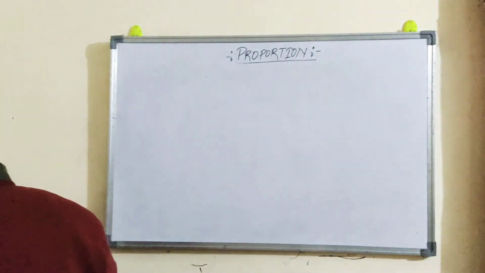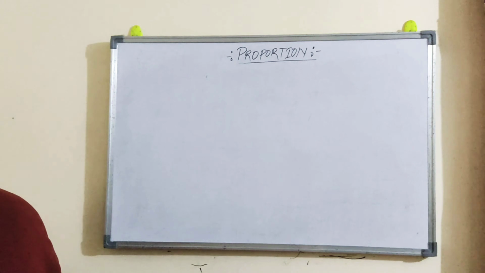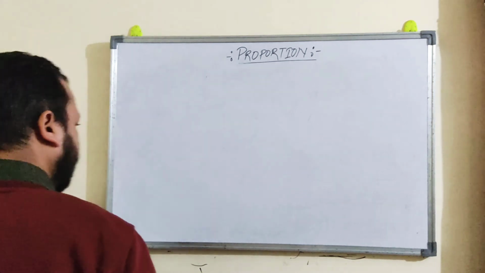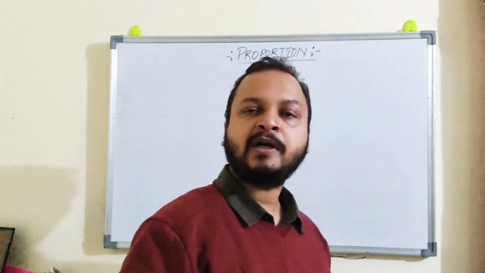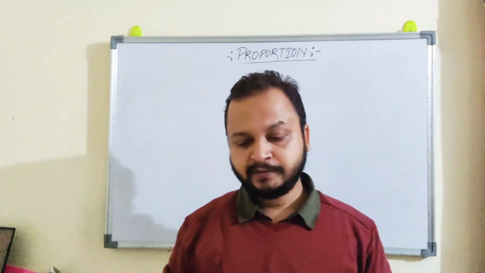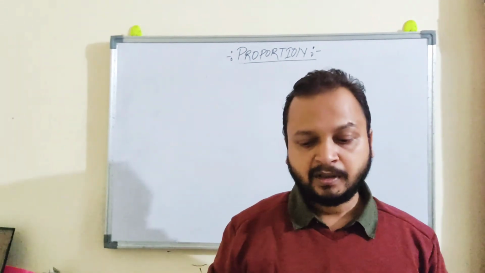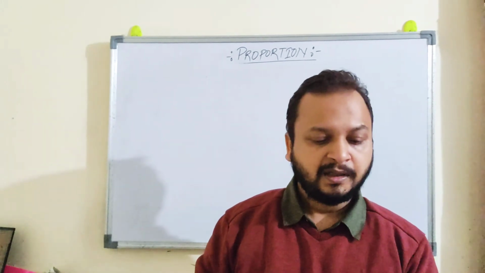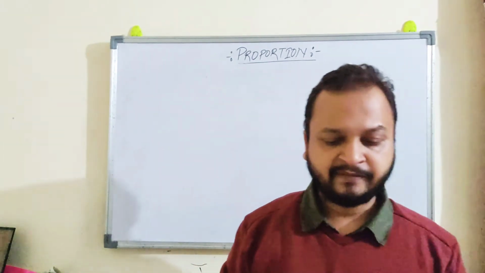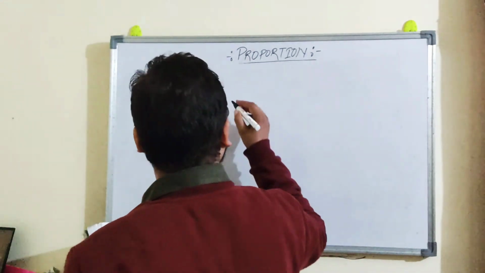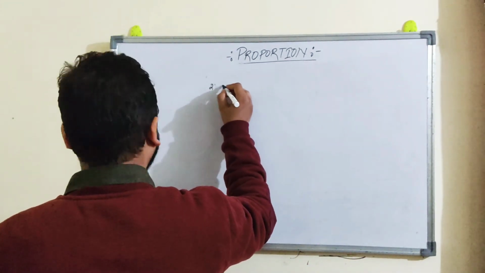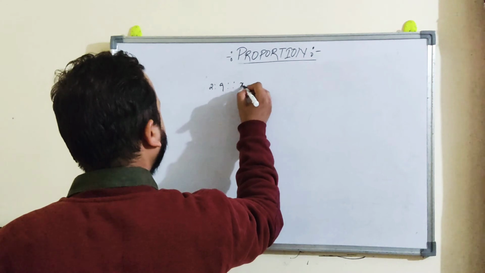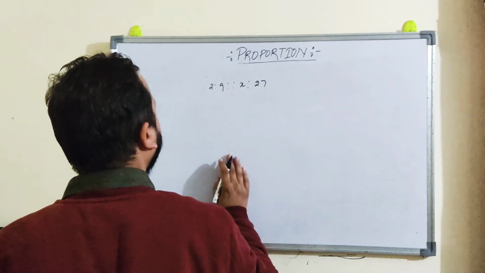So if they ask that, what you have to do is check that the product of extremes is equal to the product of means. So first, second, they are the same. In the third question, they have given 2 is to 9, proportionality sign, x is to 27.